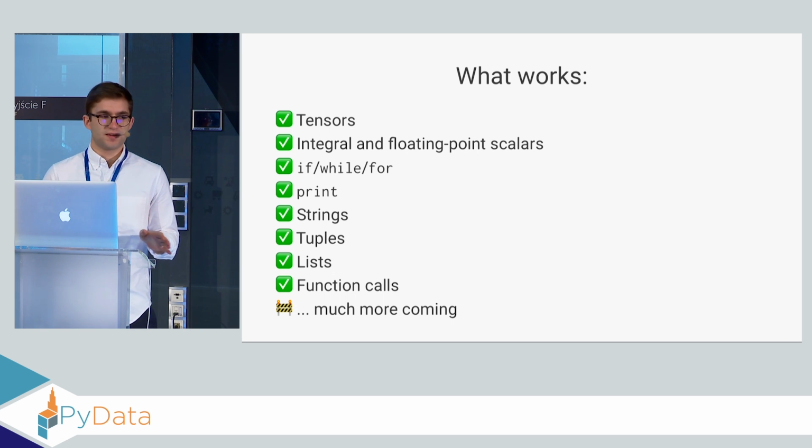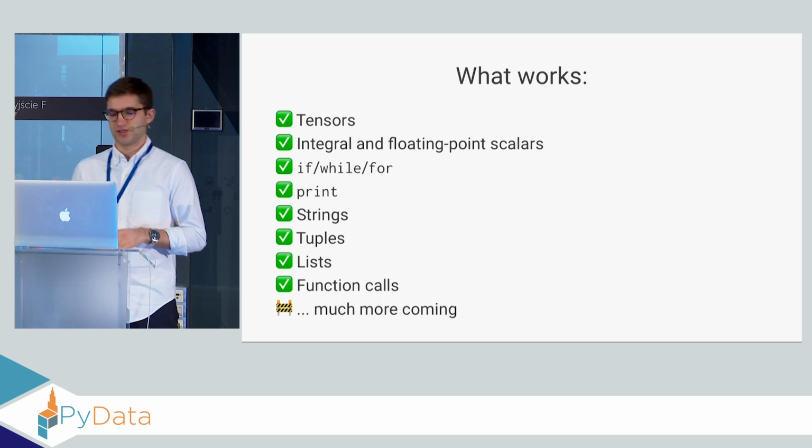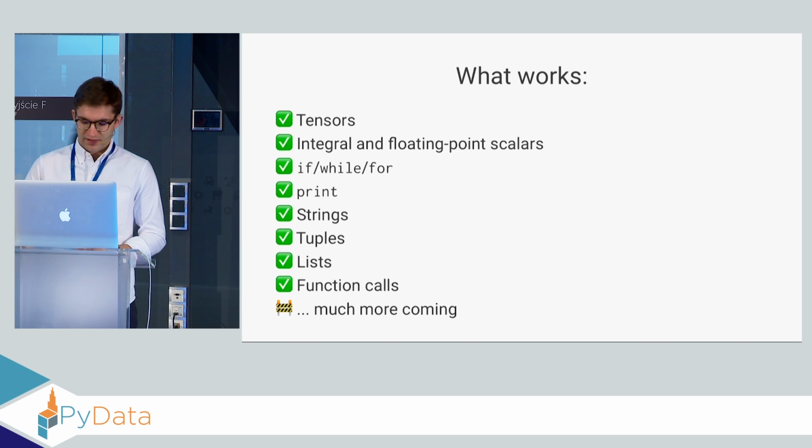There will be more coming. Even building something that supports this much is a pretty big effort. But ultimately, when we tried this, it's actually enough to express most of the machine learning models that we care about. And also, sometimes you can break out from the subset, which I'll be talking about in a moment.